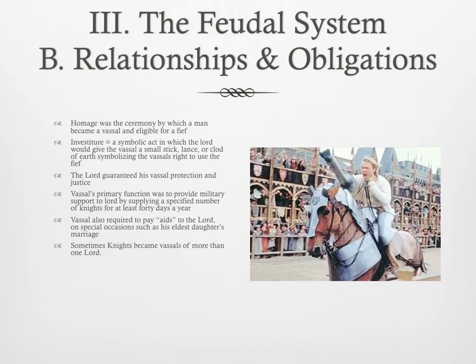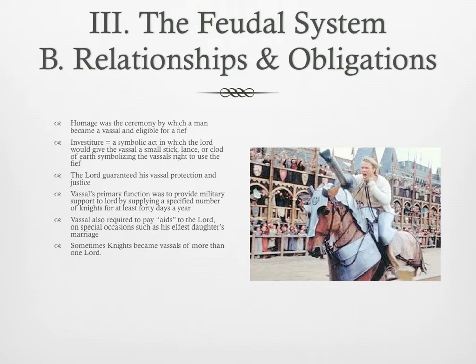Okay, so homage is the ceremony where a man pretty much can become a vassal. This is where the king kind of gives him that honor of saying, I'll give you this piece of land in return for your loyalty. And so that act is known as investiture.